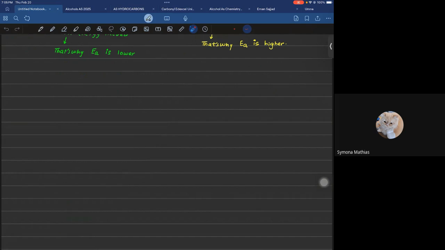So you must know the factors of hydrolysis. Factors means, let's suppose I have a C-F bond, a C-Br bond, a C-I bond, where carbon is bonded to iodine, carbon is bonded to bromine, carbon is bonded to chlorine. Which bond is easier to break? That's the main question.